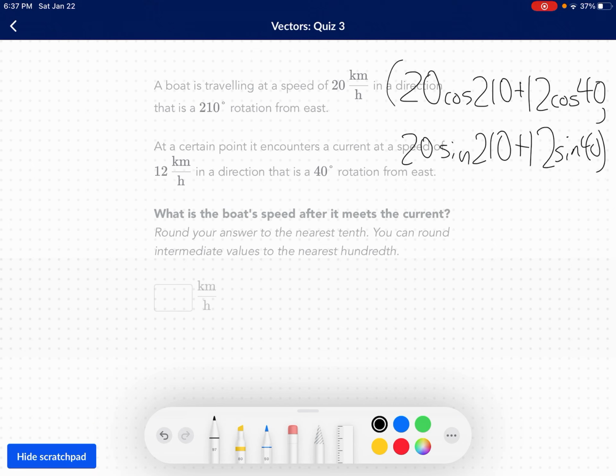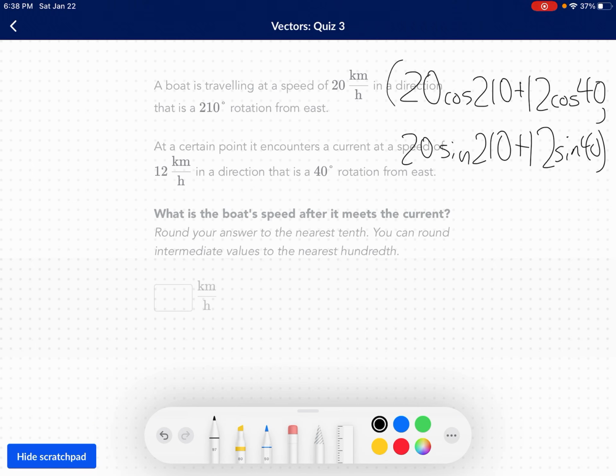So I'll just evaluate this real quick in the calculator. 20 cosine 210 plus 12 cosine 40 is about negative 8.1279, and 20 sine 210 plus 12 sine 40 is about negative 2.28.